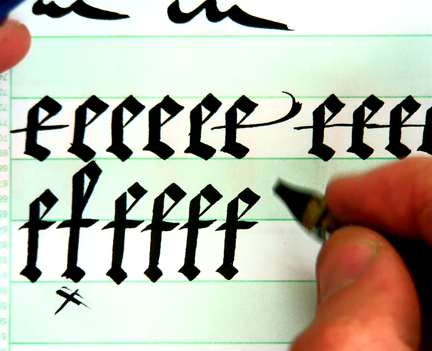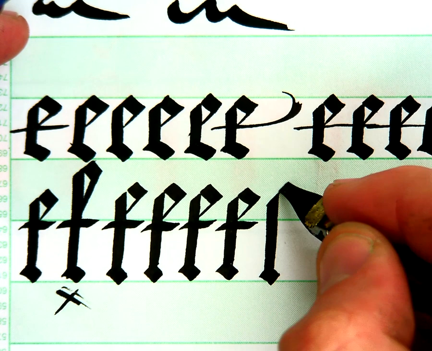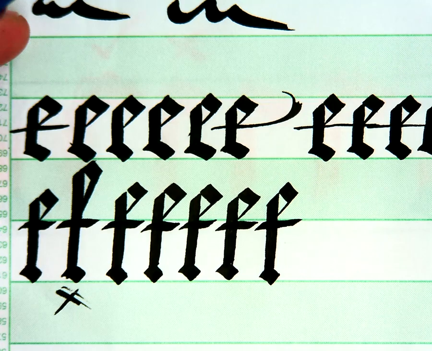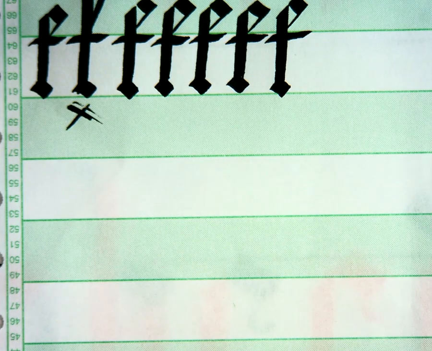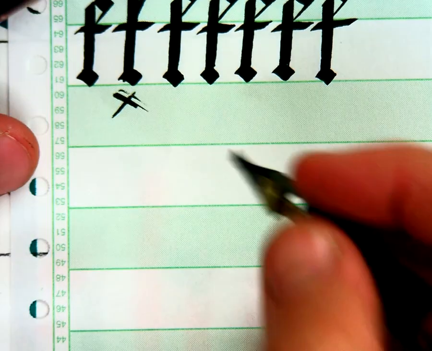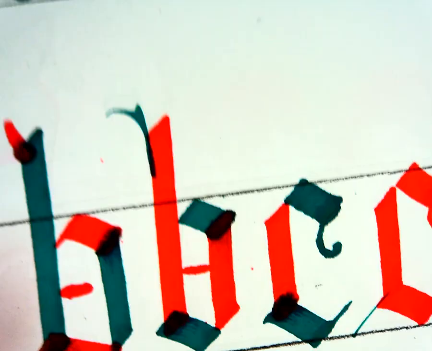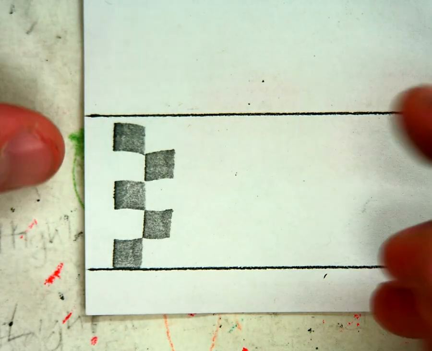All right, last one is going to be the G. And then you're on your own to finish off what we started. The G has a curve. First stroke.